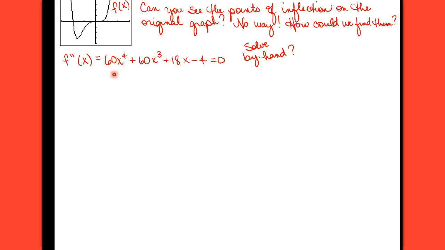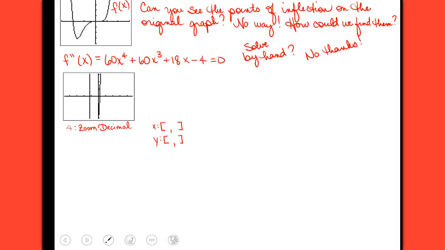All I want to know is where the second derivative is positive and negative and where it has zeros, right? What could I do instead? Yeah, graph the second derivative, look at your x-intercepts. So let's do that. I'm going to throw that second derivative into y3, or I also could just tell my calculator to take the derivative of what's in y2. And when I graph it, I was on a zoom decimal from the last time.